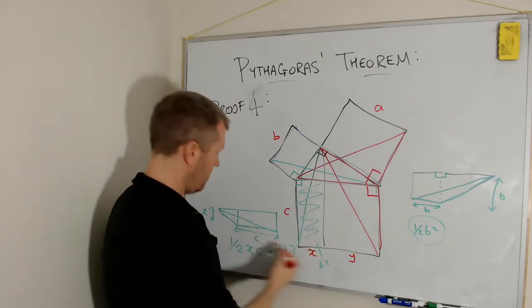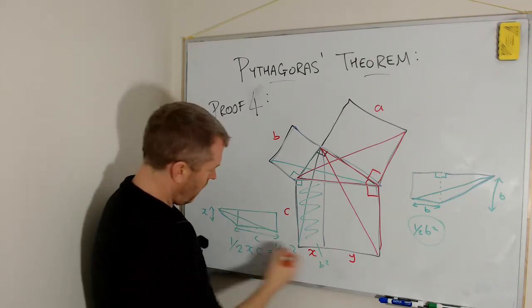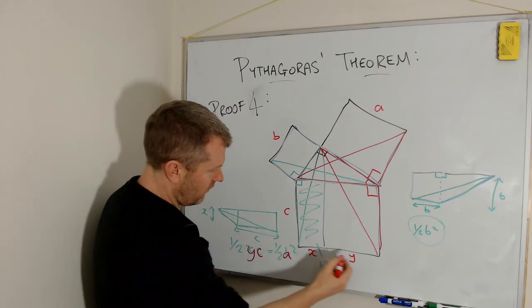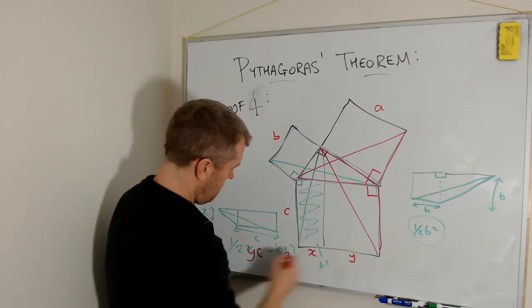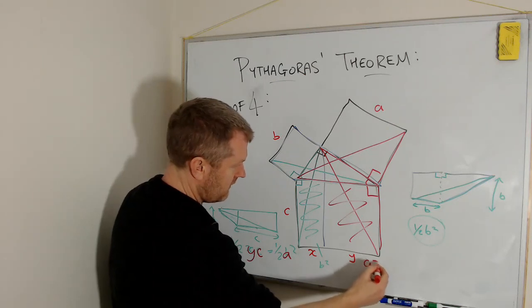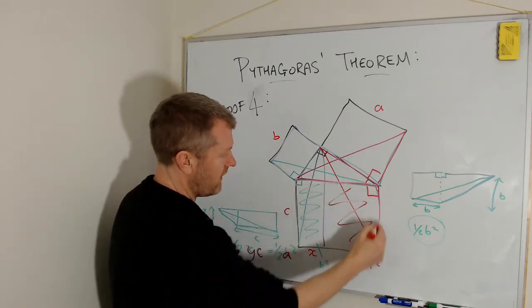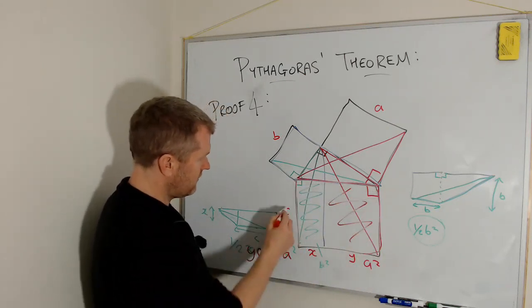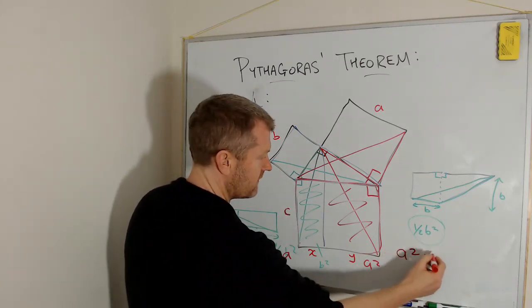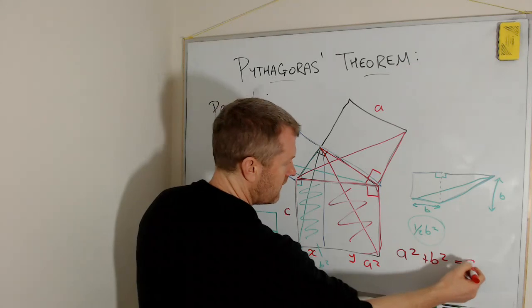So therefore, using exactly the same argument, yc equals half a squared. Therefore yc, the area of this, is a squared. But the area of this whole square here is c squared because we defined it as such with length c here. Therefore a squared plus b squared equals c squared.